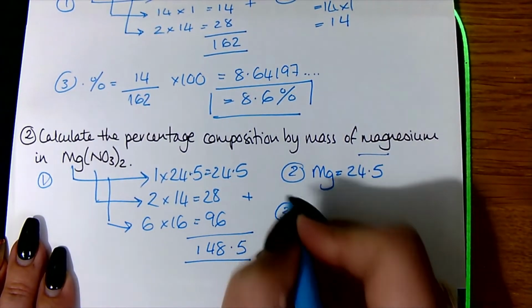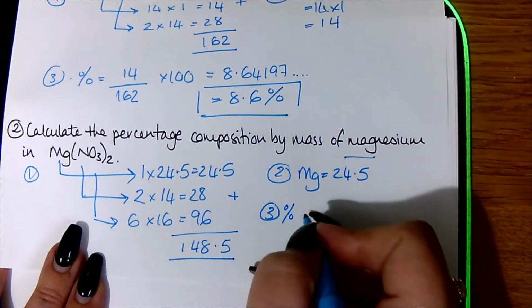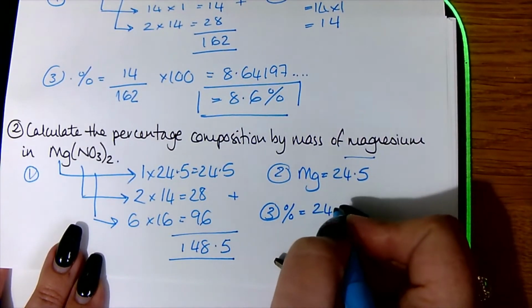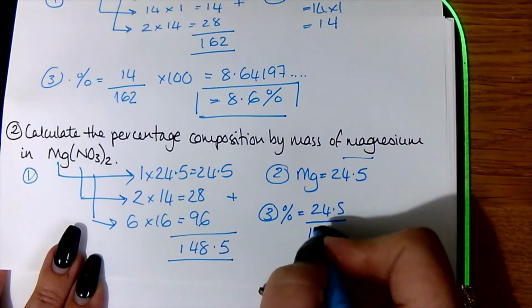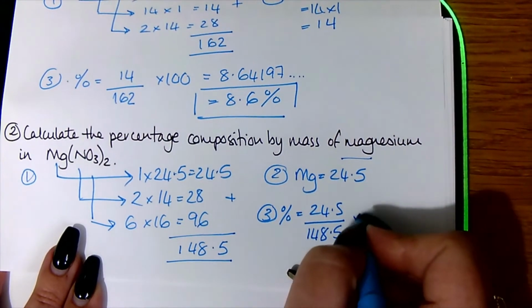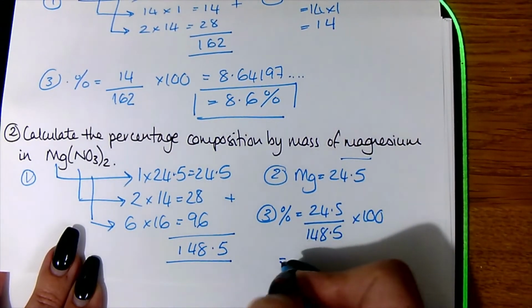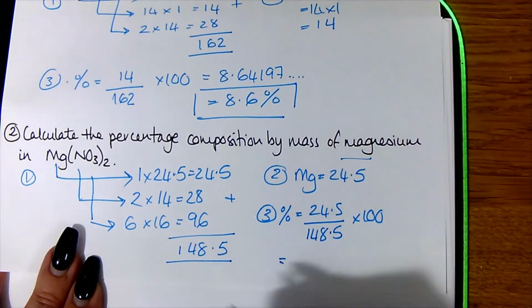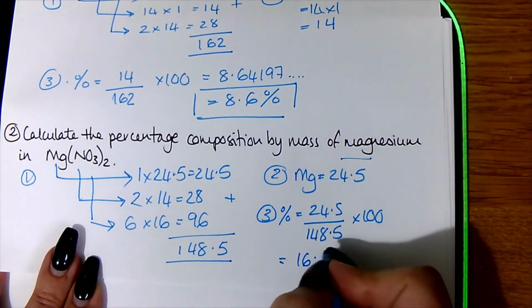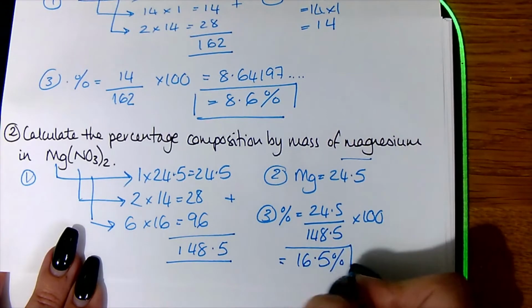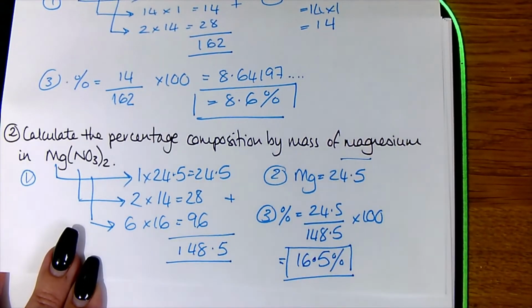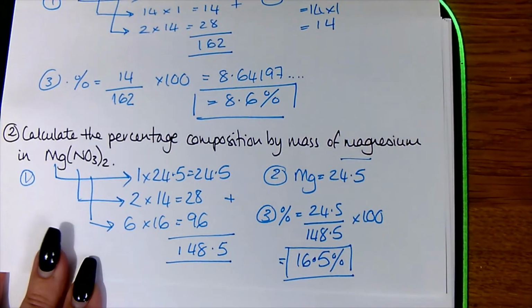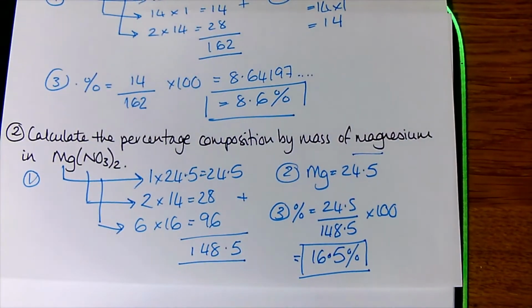So when it comes to doing our percentage calculation, we have 24.5 divided by 148.5 times 100. And if you do that sum, it should work out to 16.5% after rounding. Let's look at some more examples.